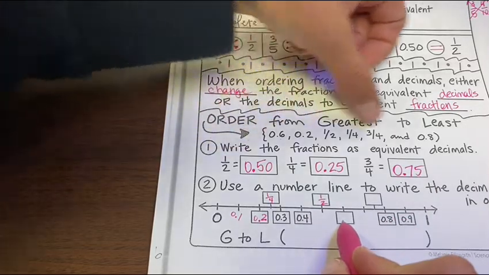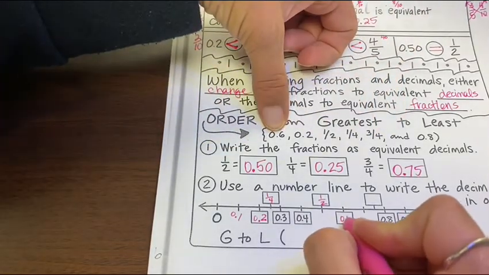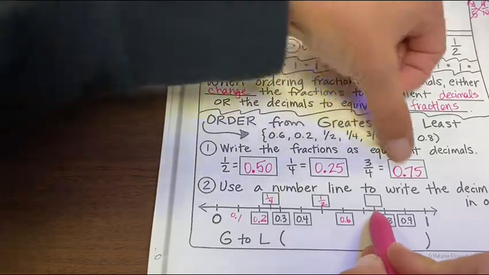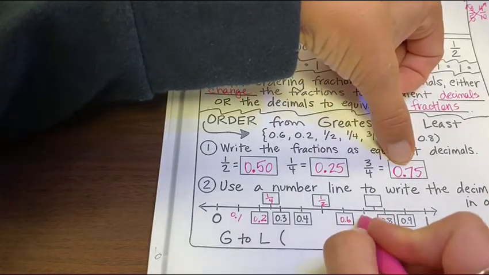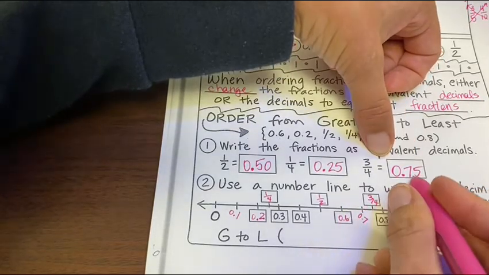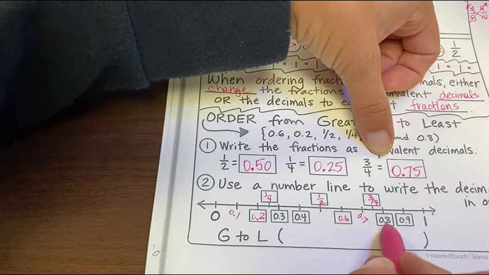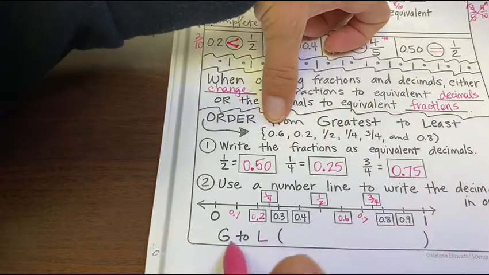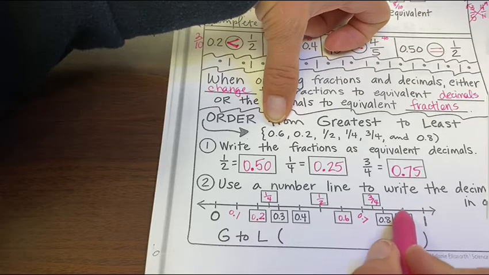Then we have 6/10, which is right here. Then we have 7/10. Then we have 75, because if this is 7/10 and 8/10, this right here is 3/4, which was your 75 cents. Here's 8/10, 9/10.